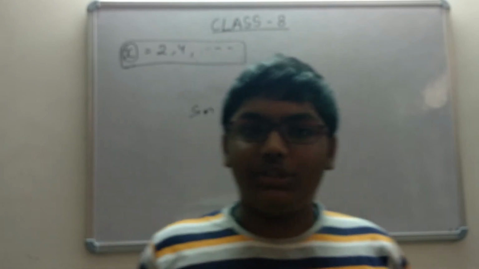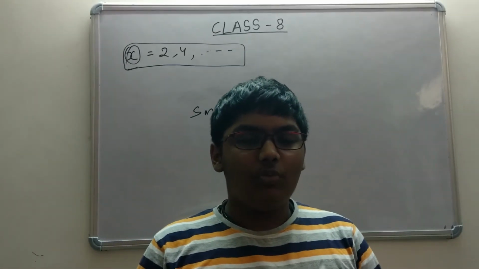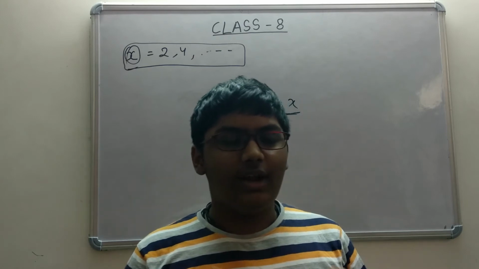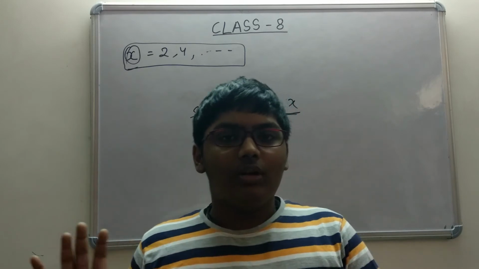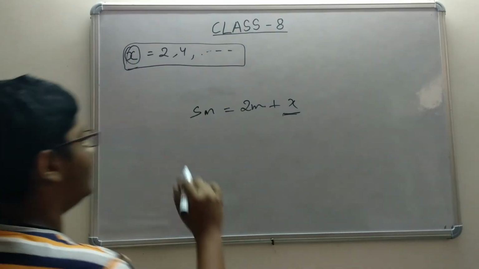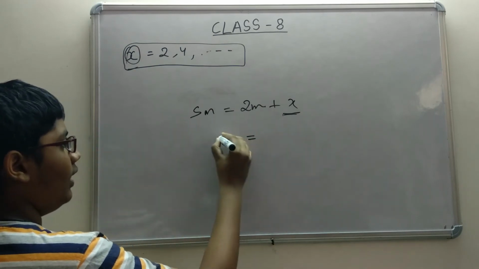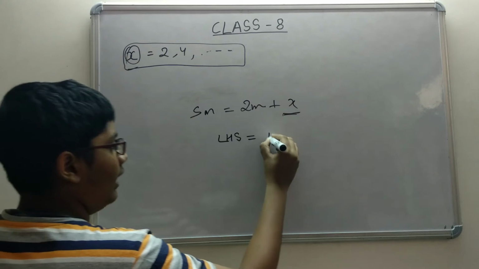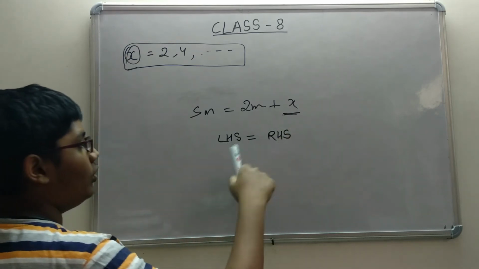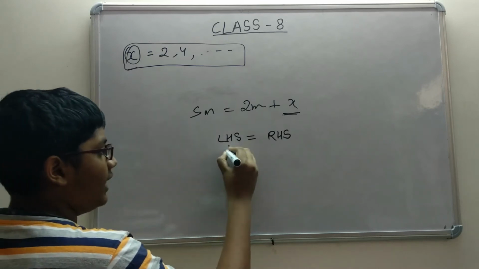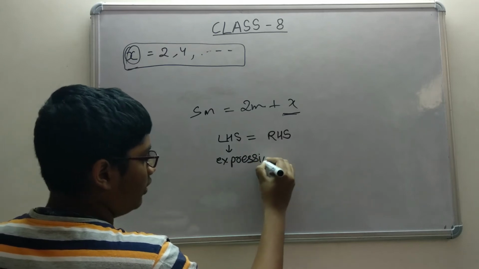Now, what are equations? Equations are nothing but equality where on both sides, LHS and RHS, left hand side and right hand side, there are terms or expressions, you can say. Here is LHS and this is RHS, right hand side, and on both sides it contains expressions.